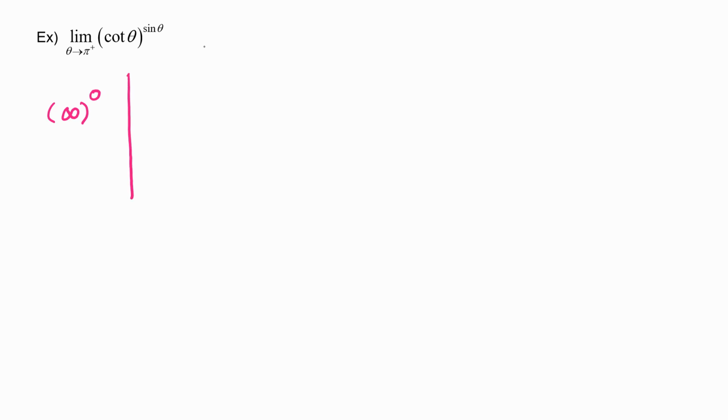So now we will use that technique we are getting familiar with, where we let L equal the limit as theta goes to pi from the right of cotangent theta raised up to the power of sine theta.